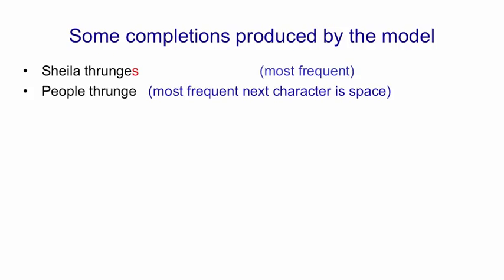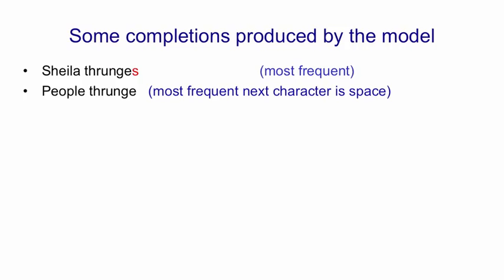So I gave it opening contexts in which that might be a verb to see what character was most likely to come next. So if you give it "Sheila thrunge" and ask for the next character, the most frequent one is an S, which suggests that it knows that Sheila is singular, just from reading Wikipedia. If you give it "People thrunge," the most frequent next character is a space, not an S, which suggests that it knows that people is plural.